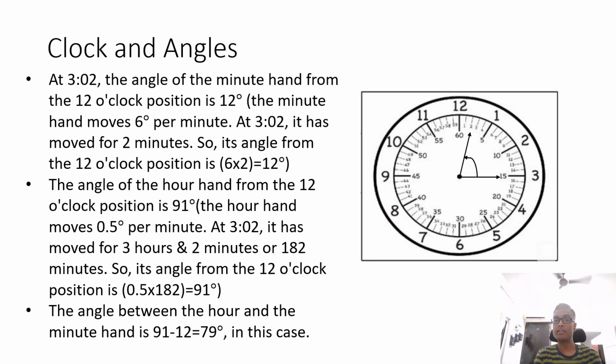And how did we arrive at that? Now we know that the hour hand moves at the rate of 0.5 degrees per minute. And we also know that at 2 past 3, the hour hand has moved for 182 minutes. So what do we do? We multiply 182 into 0.5 and we get 91 degrees.